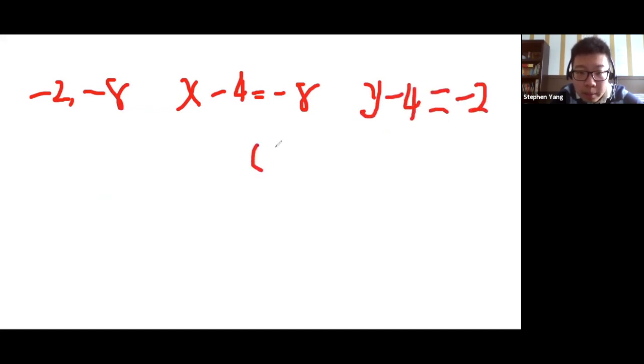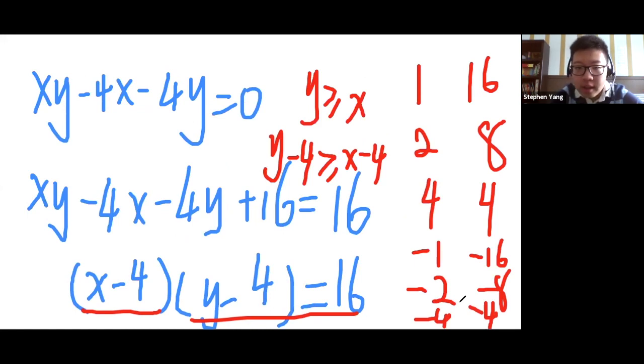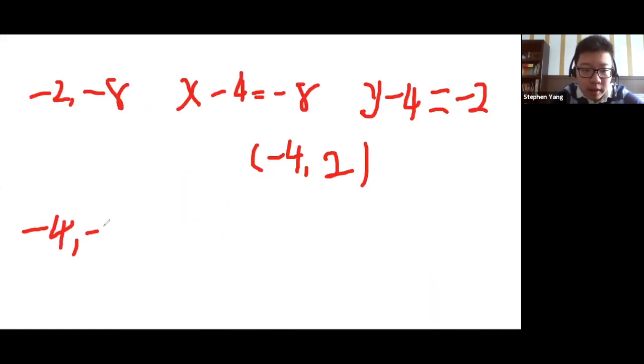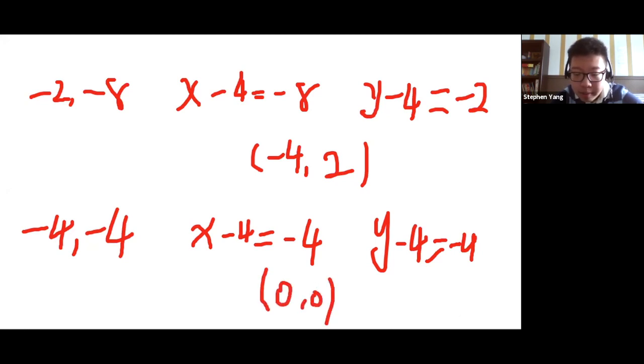Now you yield a pair that is -4 and 2. The last pair, -4 and -4: x minus 4 is equal to -4 and y minus 4 is equal to -4, and this means x, y are 0, 0.